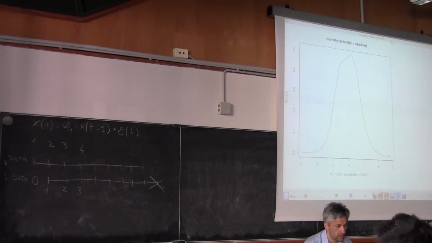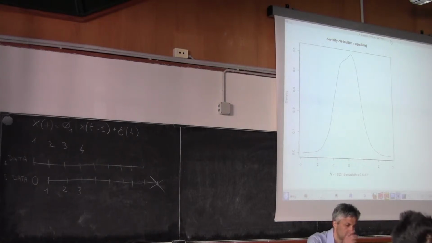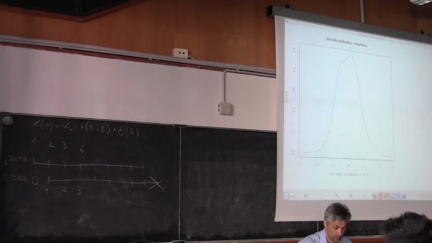You see that the density seems close to Gaussian. But of course, this is not a very powerful test, because it's difficult by eye to say if this density looks Gaussian or not. So let's now try to perform a more rigorous test.